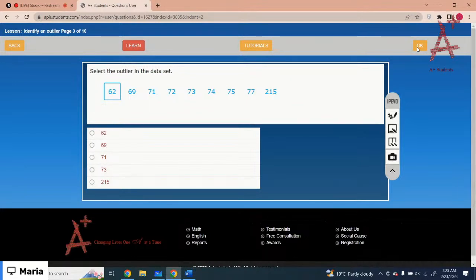Yes, 215 is the outlier. Got it? Because the rest of the numbers are just two-digit numbers. So here 215 is the outlier.